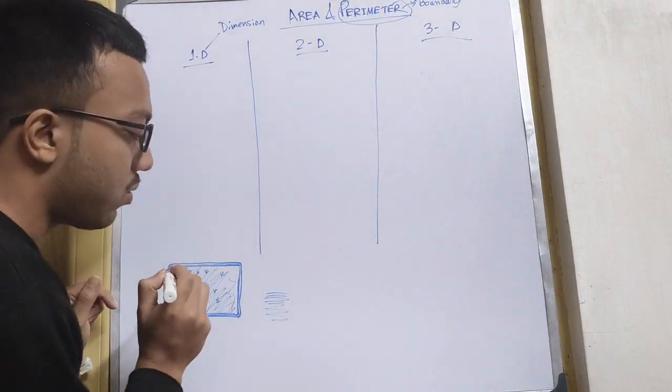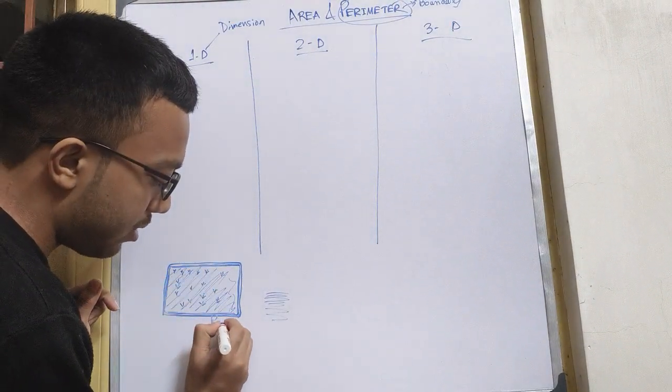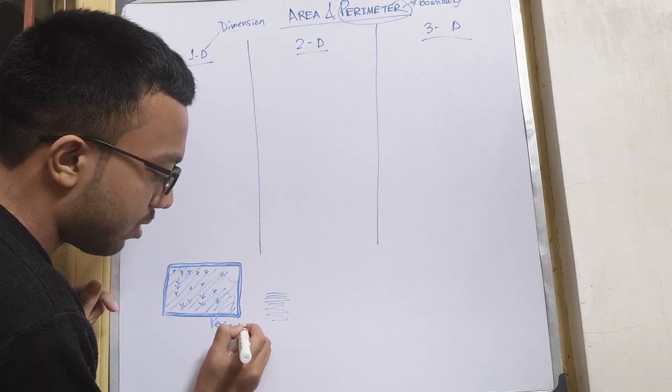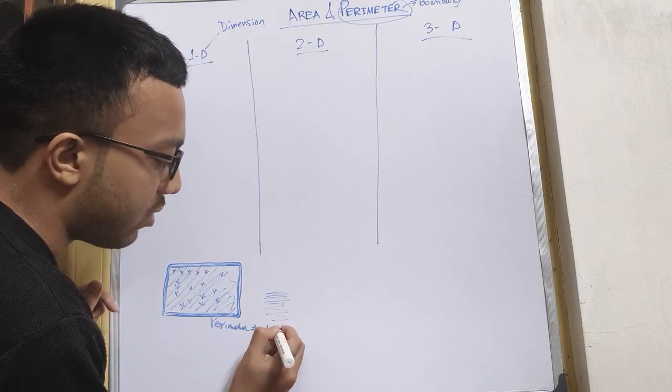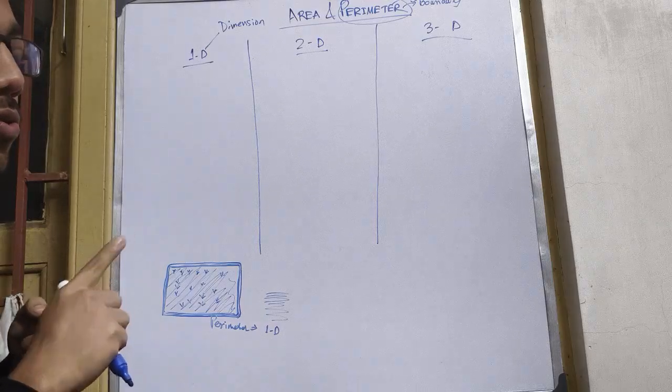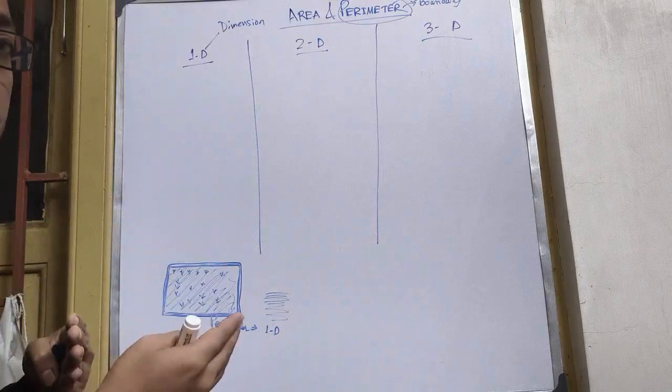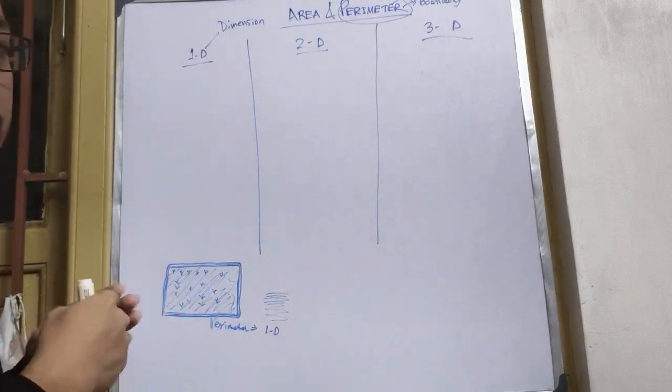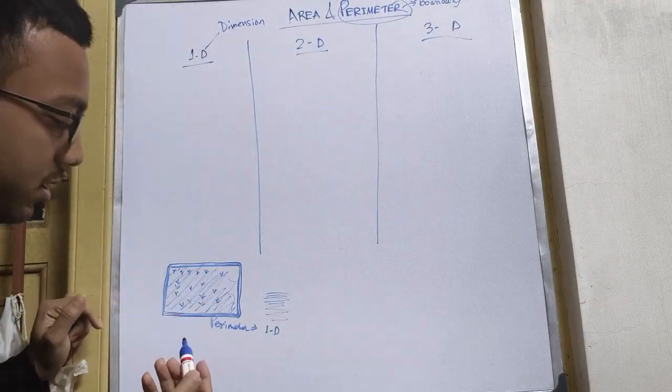So now this perimeter is a 1D quantity because we don't have to move in more than one dimension to cover this perimeter.